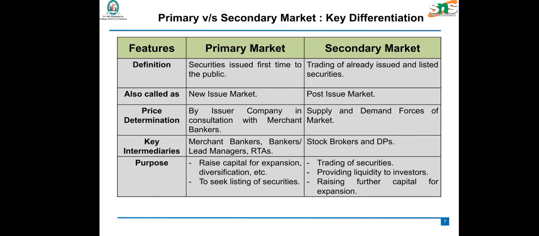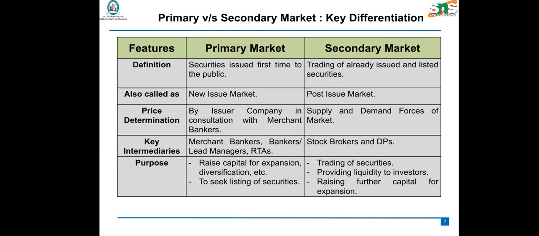This slide shows the difference between the primary and secondary market. Based on the definition, the primary market is where securities are issued for the first time to the public, and the secondary market is the trading of already issued and listed securities, which get traded in the stock market. The primary market is also called the new issue market, whereas the secondary market is called the post issue market.